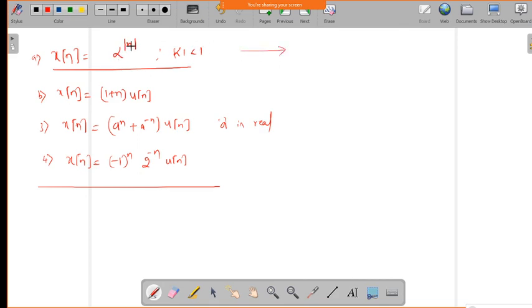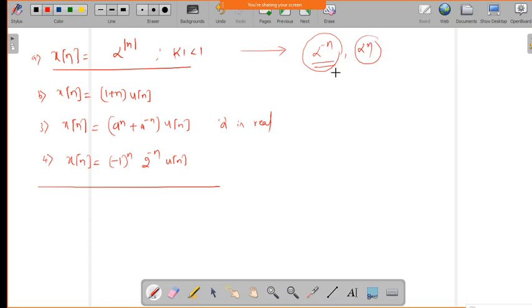So we can represent this magnitude of n as alpha power minus n and alpha power n. This will exist from alpha power minus n, because n is less than 0, that we can take as minus infinity to minus 1. And this we can take as 0 to infinity.